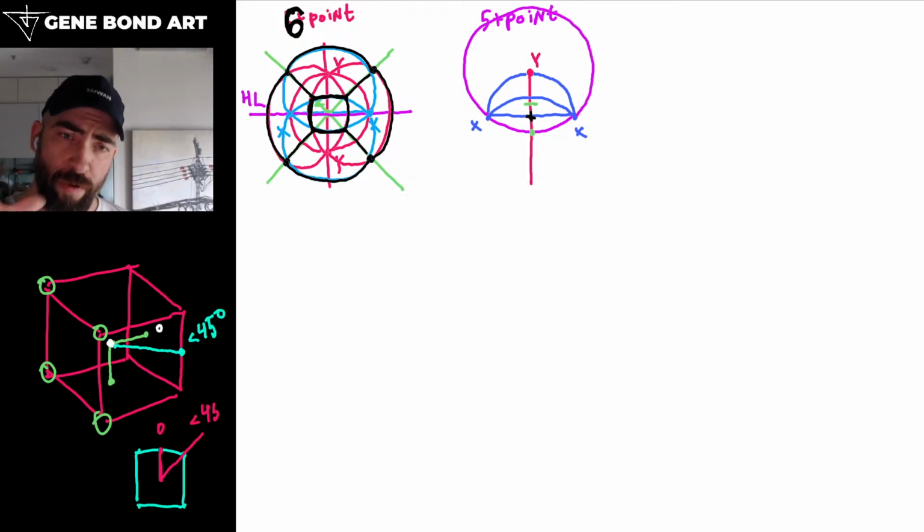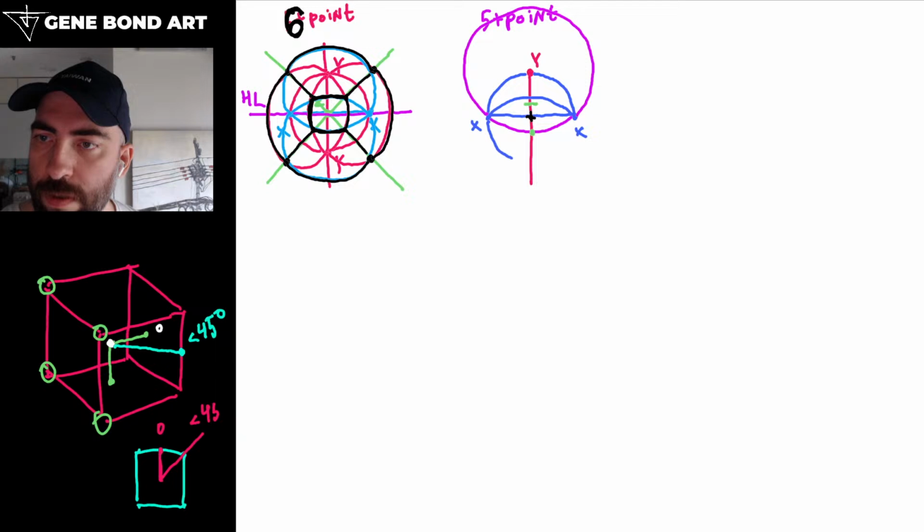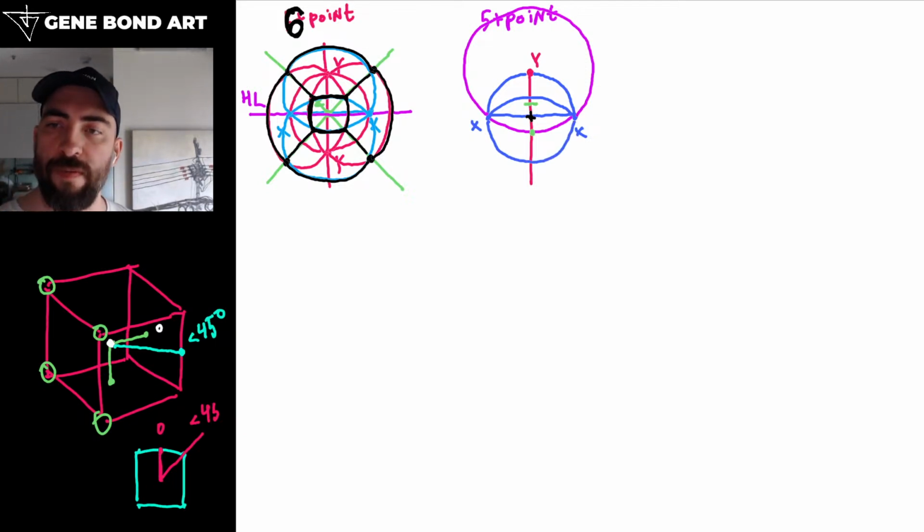It's actually a squeezed circle, but with this round form. Then at some point you can also see this curve of X will make a circle.